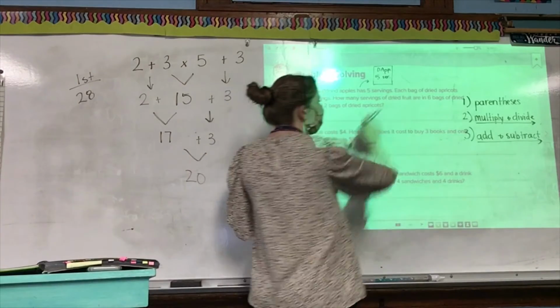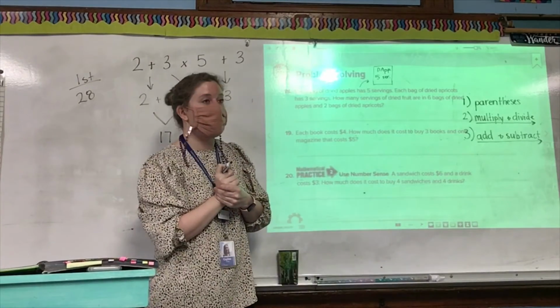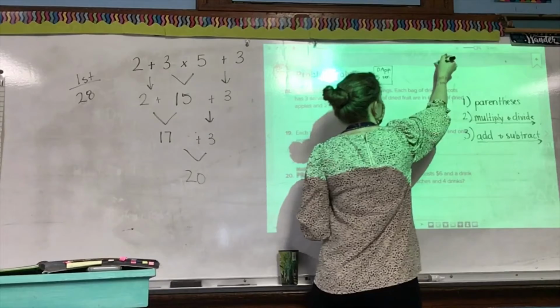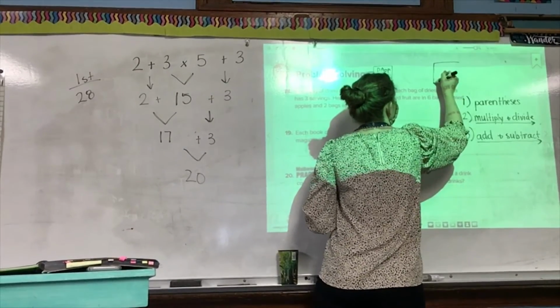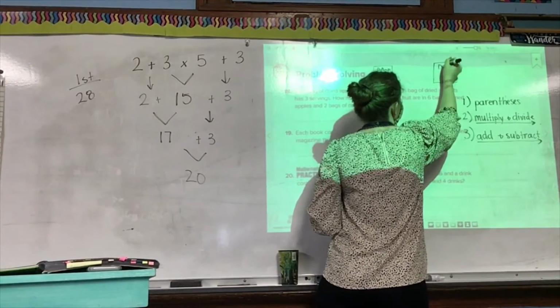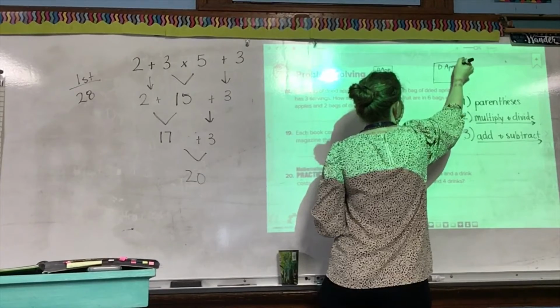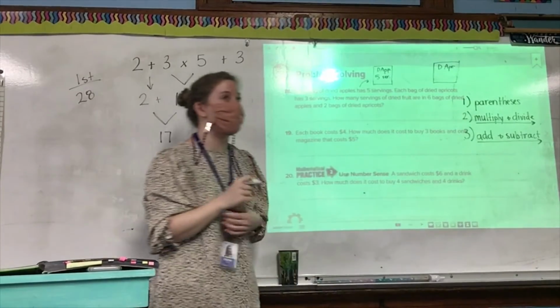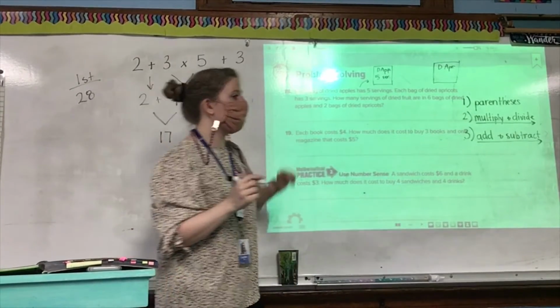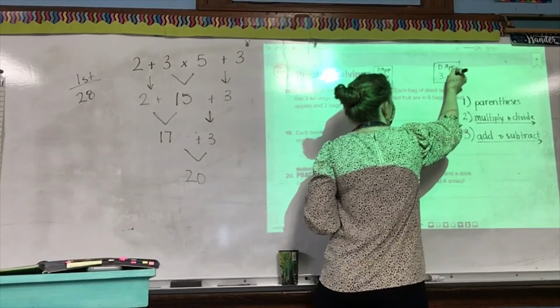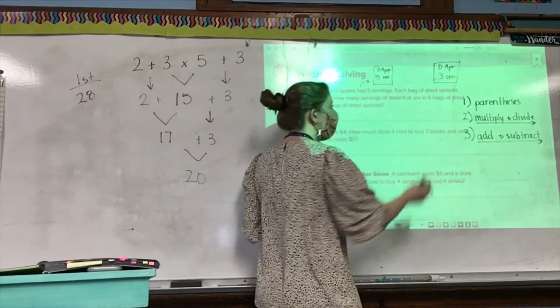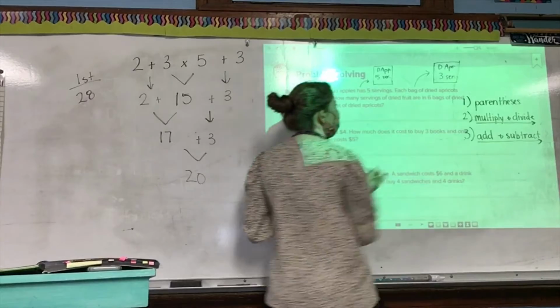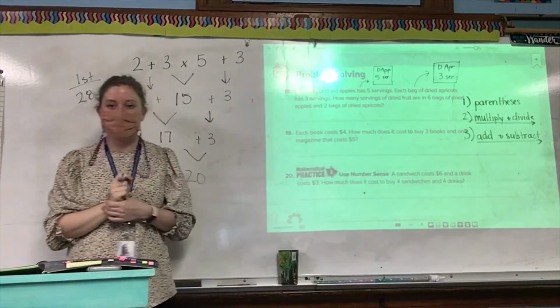And then I'm going to draw my bag of dried apricots. So I have another bag, and I'm going to call it DAPR for dried apricots. And I know it has 3 servings. And then I'm going to draw an arrow from that sentence to my dried apricot picture.